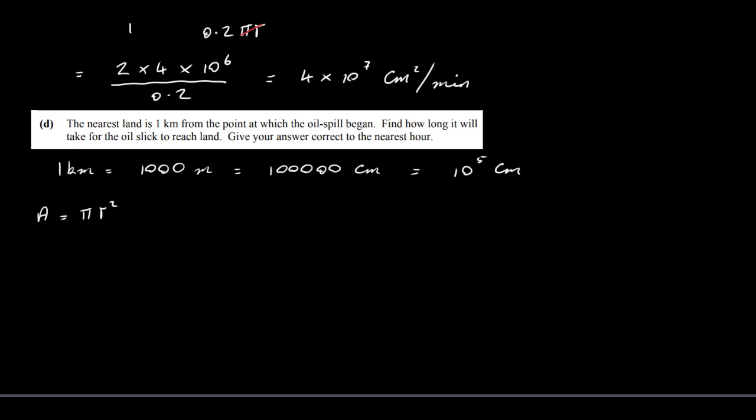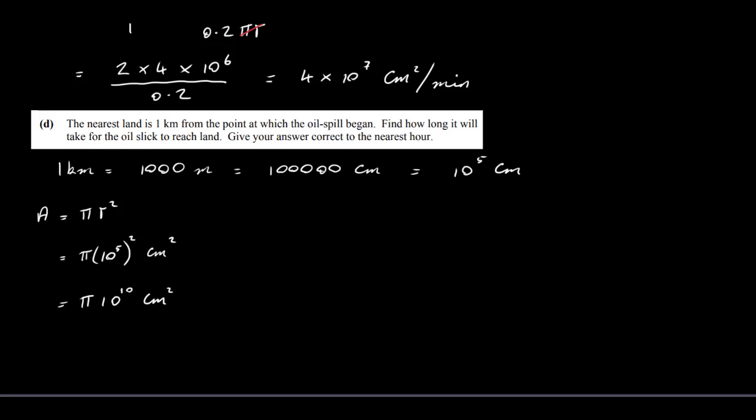So in other words, our area is going to be pi times 10 to the power of 5, squared, centimeters. This is our pi r squared, which is pi times 10 to the power of 10 centimeters squared. So once the oil slick reaches land, the area of the oil slick will be pi times 10 to the power of 10 centimeters squared.